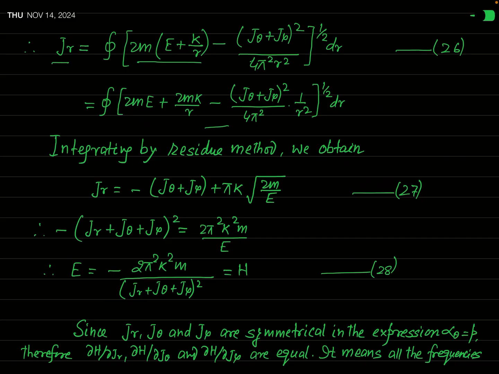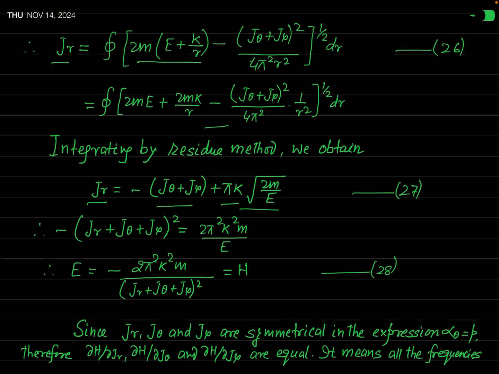Actually, when we obtain the value of this integral using the residue method, we find that j r is given by this much: minus j theta plus j phi plus pi k times the square root of 2m by a.